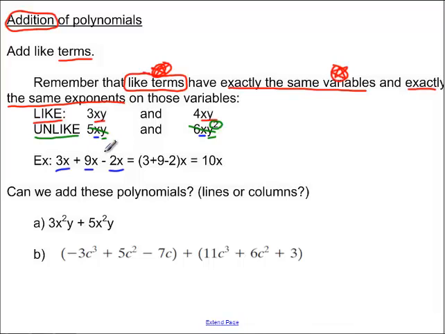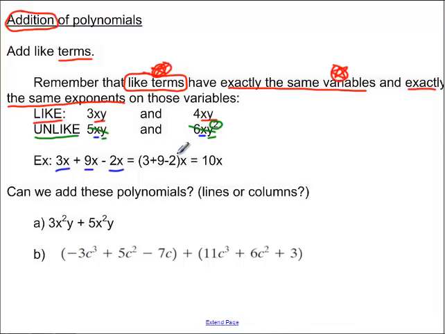So they're like terms, so what we can do with them is the reverse distributive property and factor out an x here. We'll talk about factoring in the next chapter. 3x plus 9x minus 2x is the same as 3 plus 9 minus 2, all times x. Take the coefficients out; the coefficients are the numbers in front of the variables.